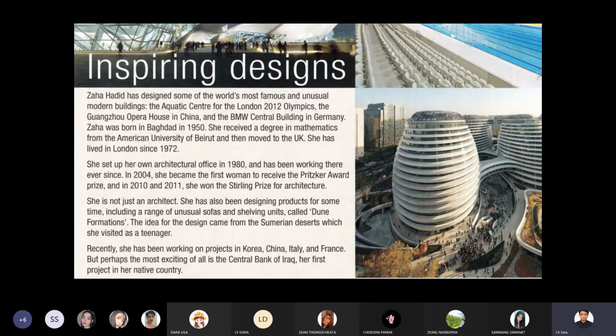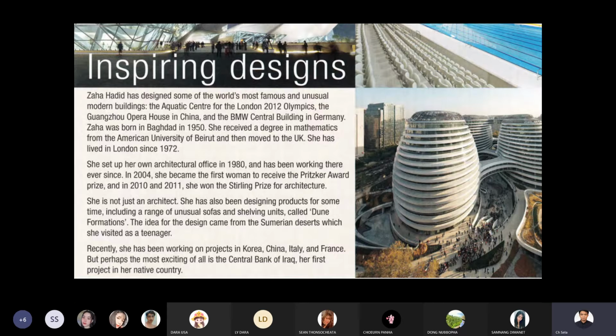She set up her own architectural office in 1980 and has been working there ever since. In 2004, she became the first woman to receive the Pritzker Prize, and in 2010 and 2011, she won the Stirling Prize for Architecture. She is not just an architect, she has also been designing products for some time, including a range of unusual sofas and shelving units called Dune Formation.